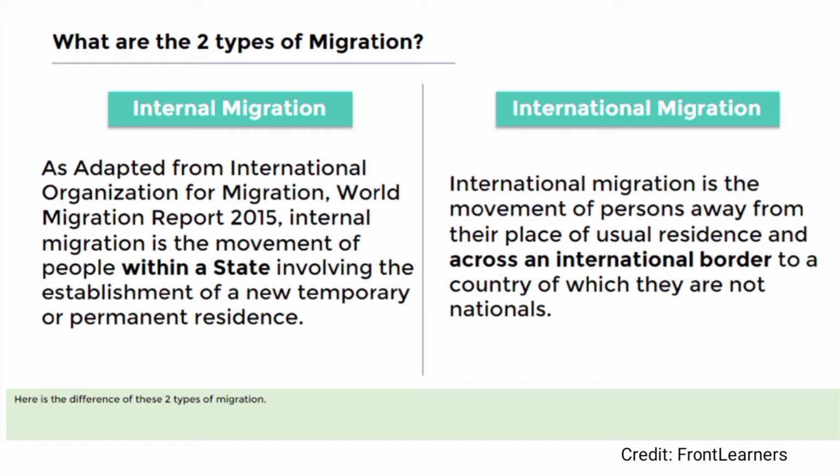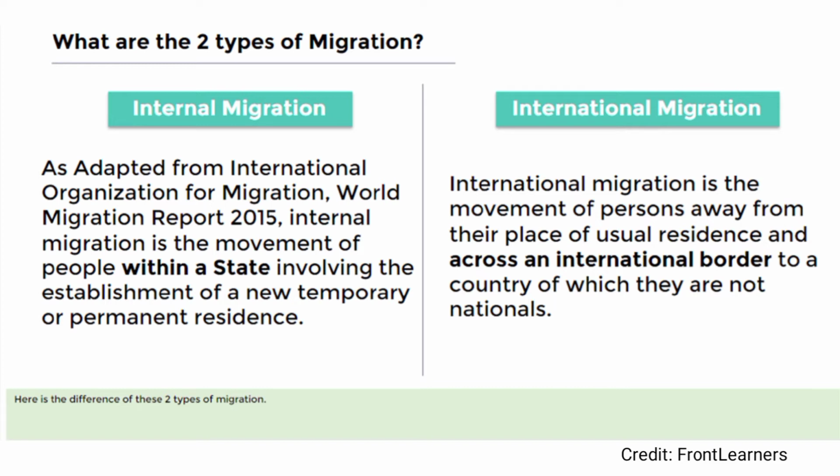When we say internal migration, as adopted from International Organization for Migration, World Migration Report 2015, internal migration is the movement of people within a state involving the establishment of a new temporary or permanent residence.